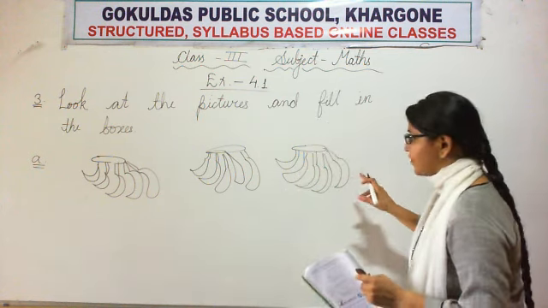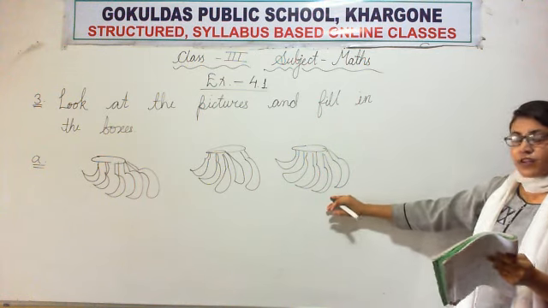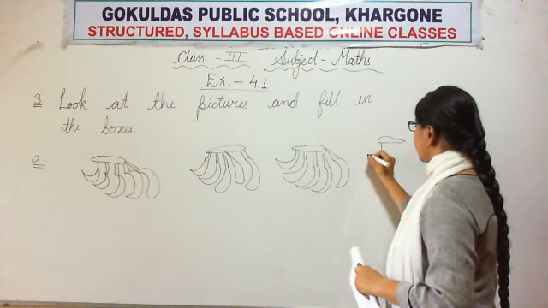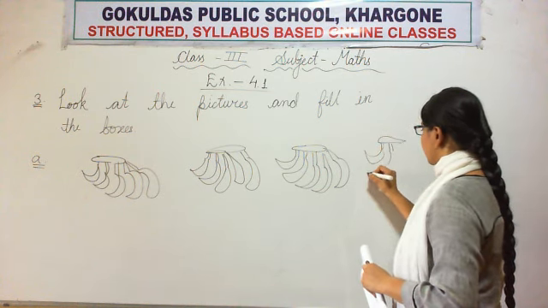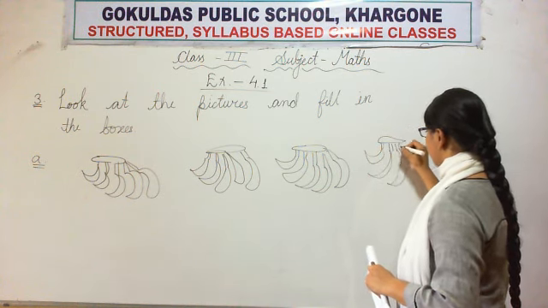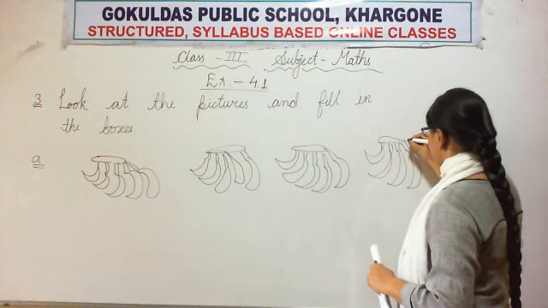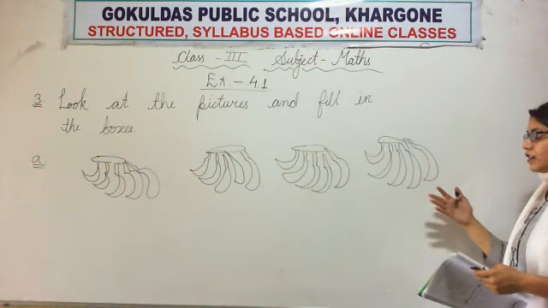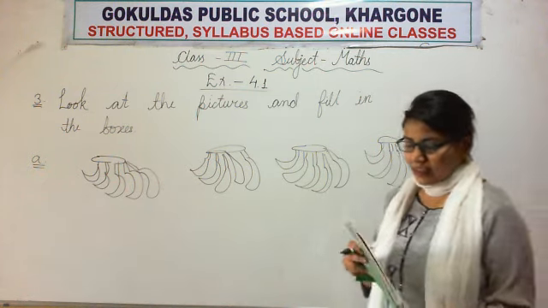So 1, 2, 3 and 4 and 5. 5 bananas in the next group and the last group. And another 4 bananas, 5 bananas in the last group.